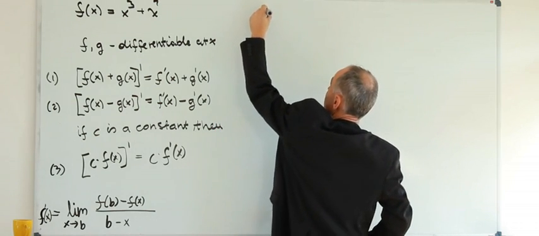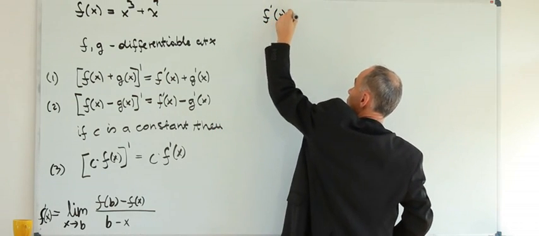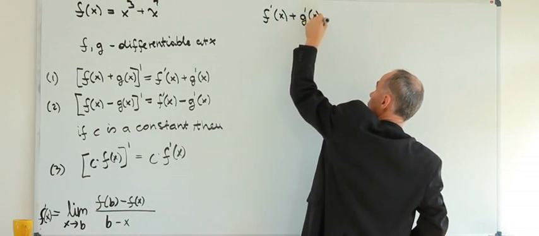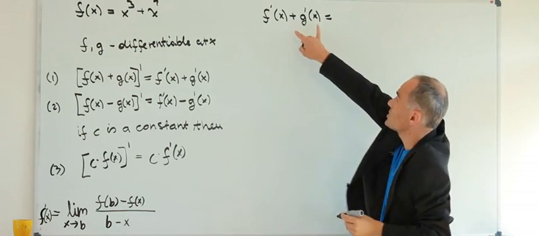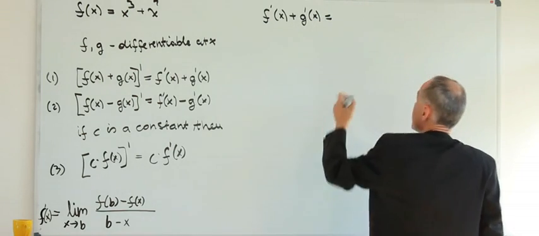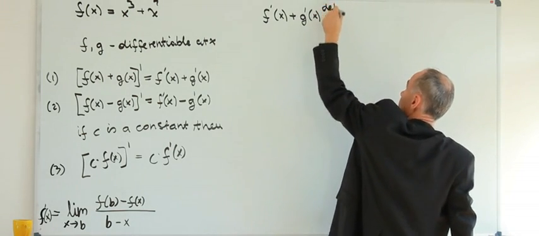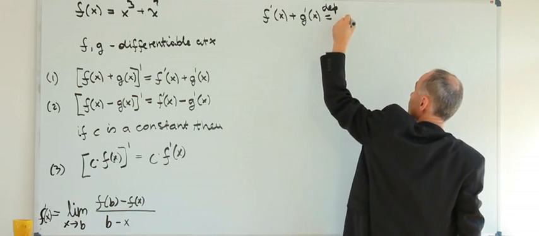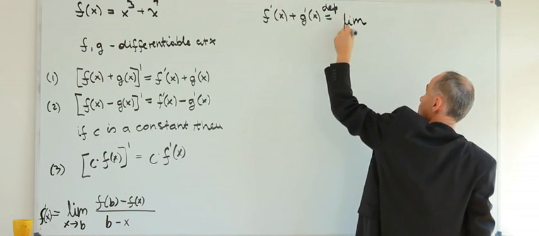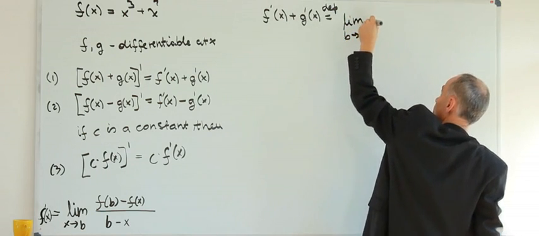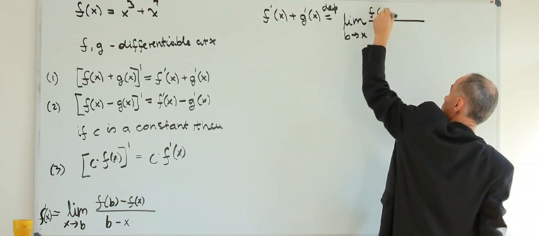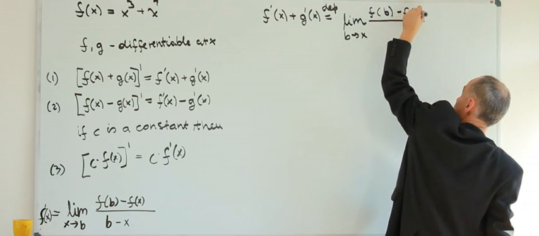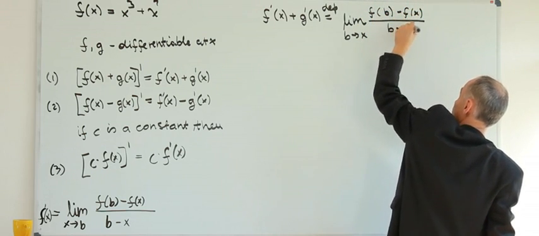So let me do this. So the summation of the derivatives. By definition of the derivative, f prime of x is the limit as b approaches x of f of b minus f of x divided by b minus x.